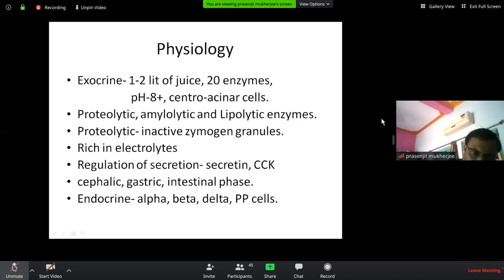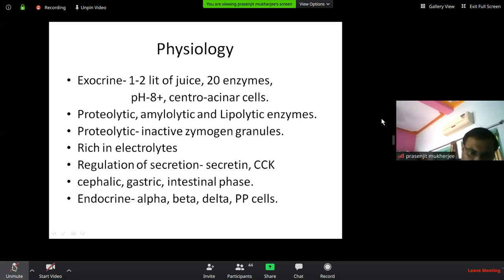The pancreatic juice contains almost 20 different types of enzymes, and it is obviously alkaline. The average pH of the pancreatic juice is 8.3.